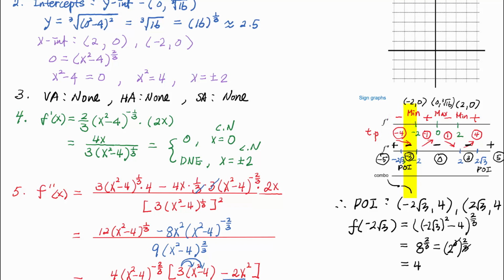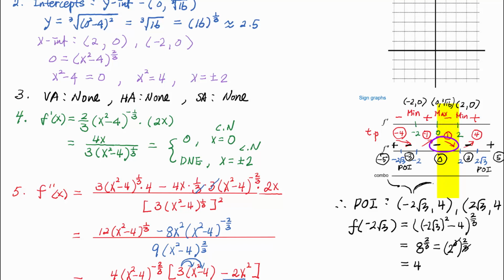And from negative 2 to 0, the graph is increasing now, but concavity is still negative. So it is still an umbrella shape. However, your graph is increasing. And then from 0 to 2, f prime is negative, meaning the graph is decreasing, and concavity is still negative.